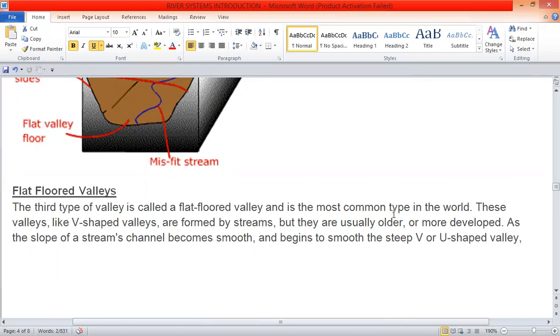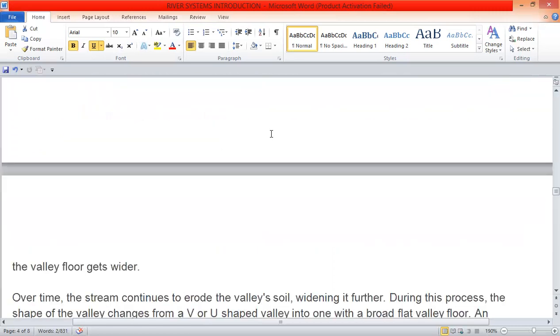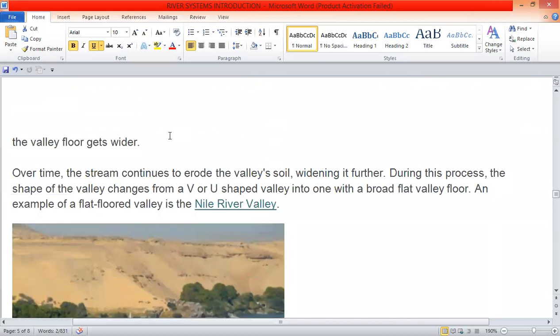Because they are formed when the U has been further eroded, opened, as the slope of the stream's channel becomes smooth and begins to smooth the steep V or U shape. It becomes smooth at the bottom here to form a flat floored river. Example is the River Nile.